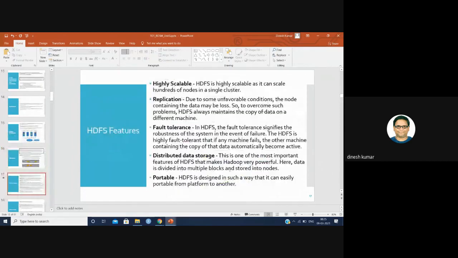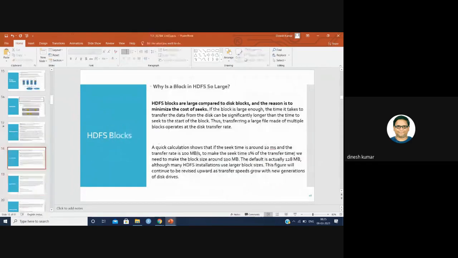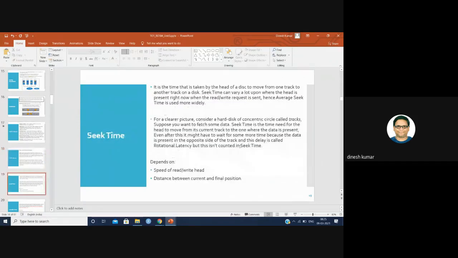What are the HDFS features? HDFS block size. Okay, what is the default size of the files which are distributed in various data nodes? We have seen all these.